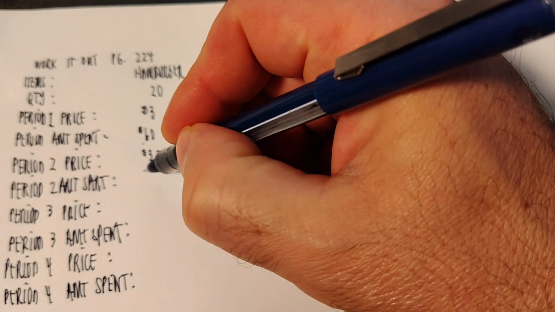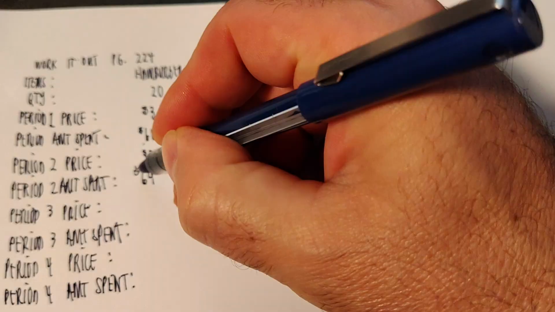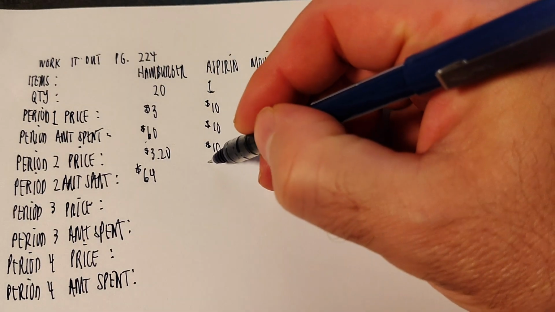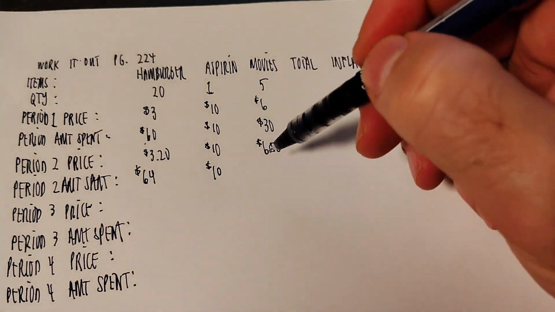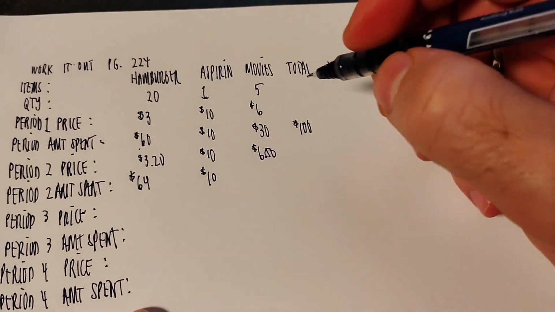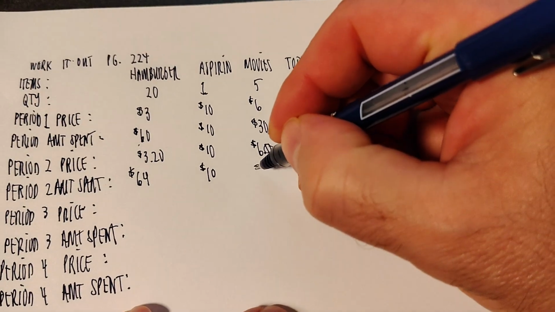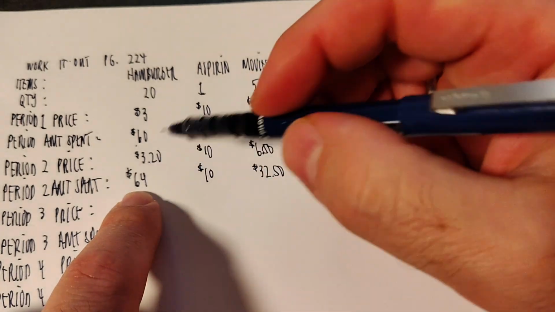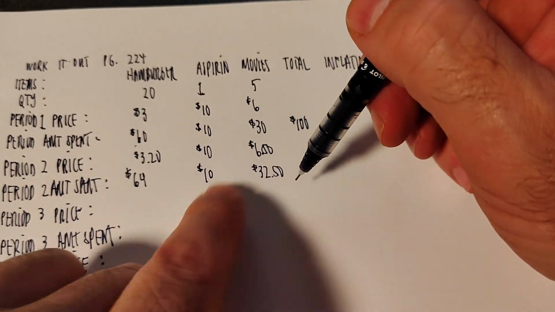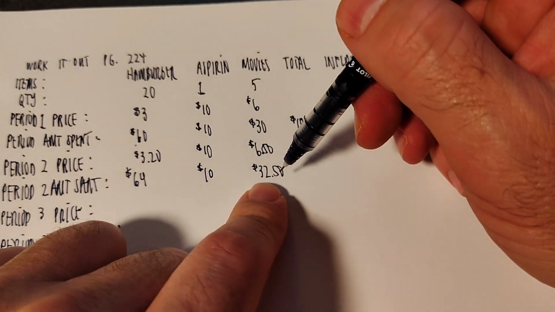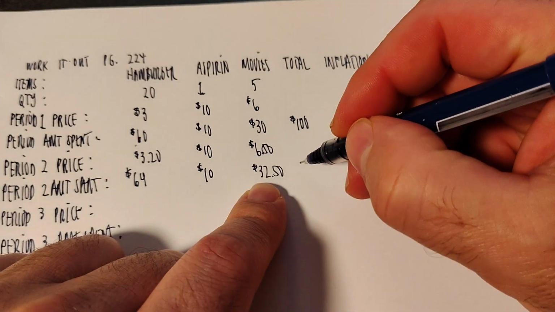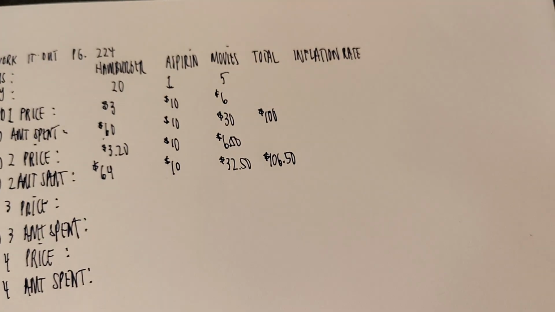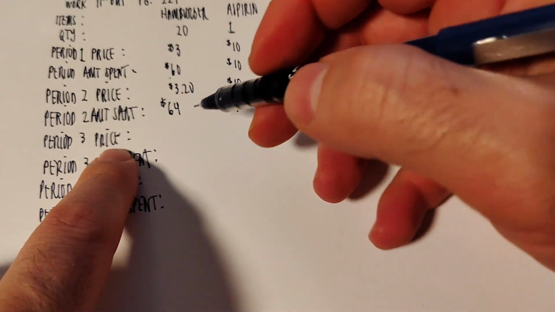So yeah, that's $64. Again, 1 times $10 gives us 10. 5 times $6.50 gives us $32.50. And when we add this across, we get 64 plus 10 is 74. 74 plus $32.50 gives us $106.50.